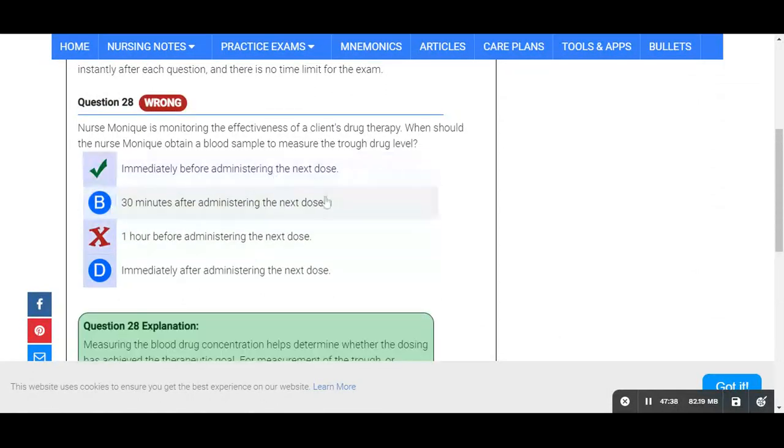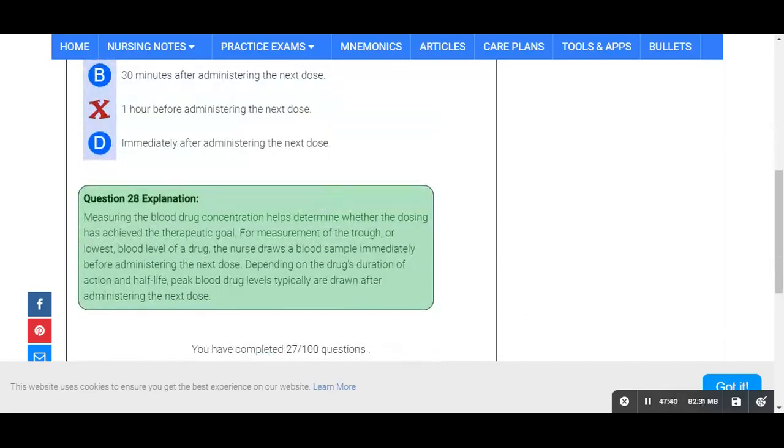Right, it's this one. Measuring the blood drug concentration helps to determine whether the dosing has achieved the therapeutic goal. For measurement of the trough, or lowest blood level of a drug, the nurse draws a blood sample immediately.